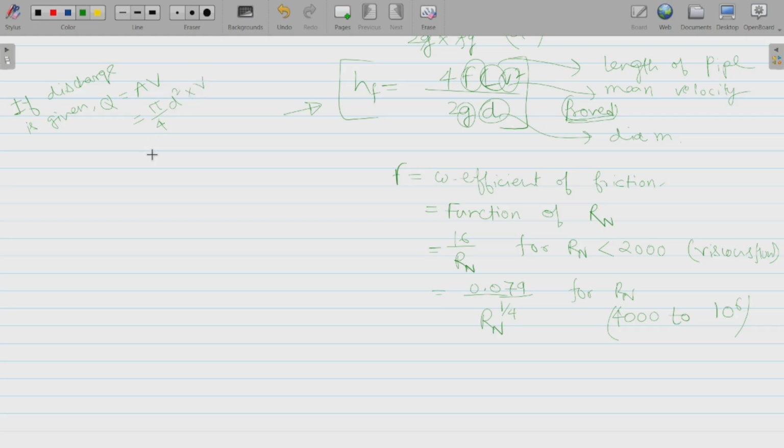So from here you can replace V with Q, right? So V will be equal to 4Q upon pi d square. And if you just put this value here, you can get this equation for the head loss.